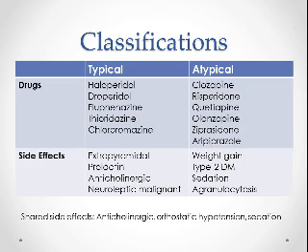Now, all antipsychotics share these symptoms to some extent, but the typicals are much more pronounced for the EPS and especially the hyperprolactinemia. Atypicals are more associated with weight gain, type 2 diabetes, sedation, and in some cases agranulocytosis.